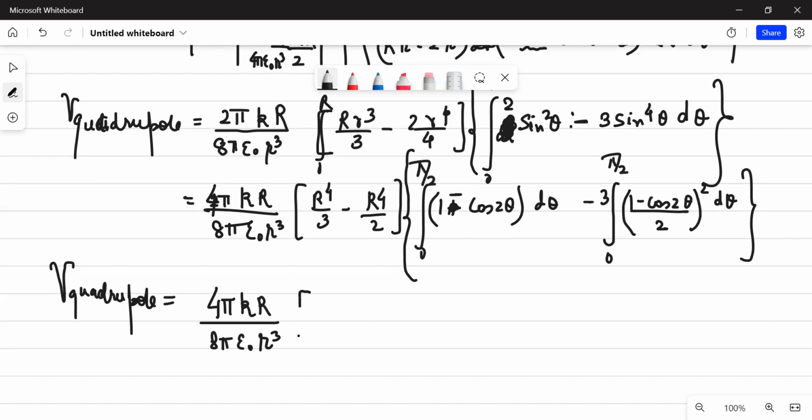Okay, and then I will write this 2 minus, this will be minus r to the power 4 upon 6, and then let us find this integration.